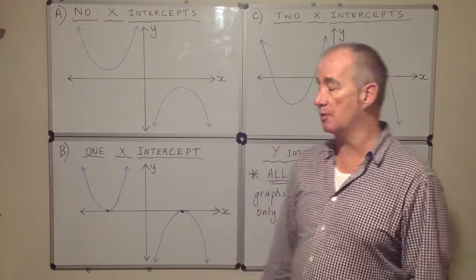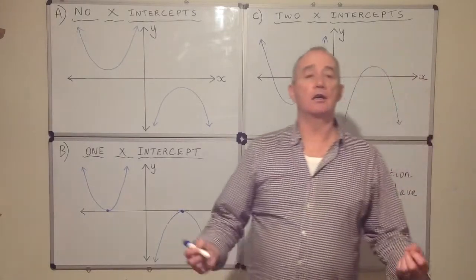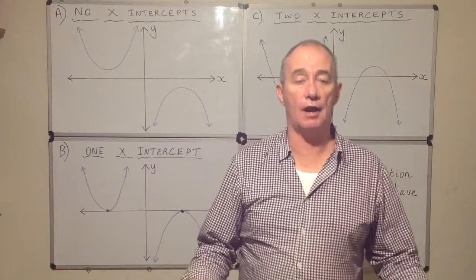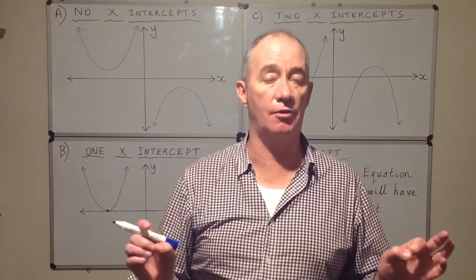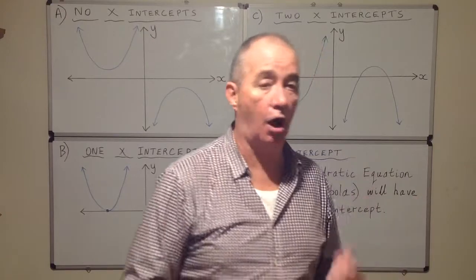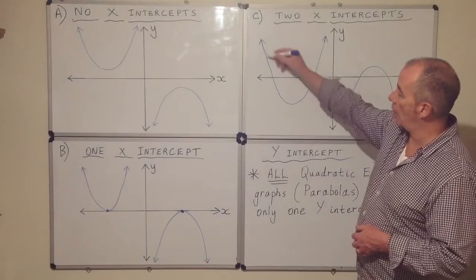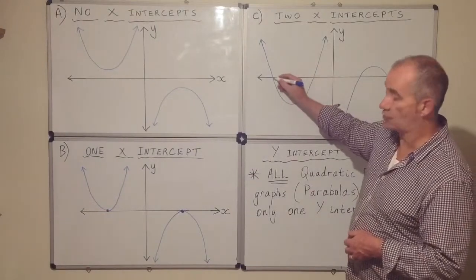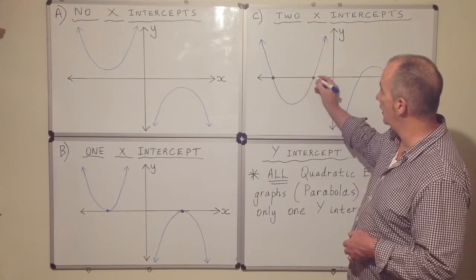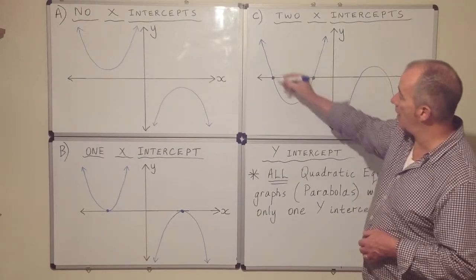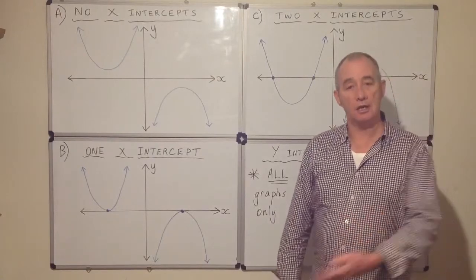Now, the third possibility, possibility C, some quadratic equation graphs cut through the x-axis at two positions. In other words, some of them have two x-intercepts. I've drawn two examples on the board. This upright parabola graph cuts through the x-axis there and there. So that upright parabola graph has two x-intercepts.